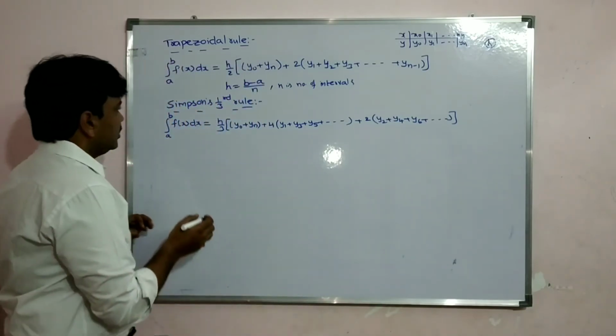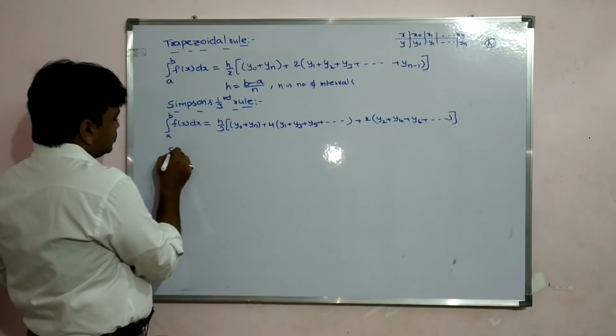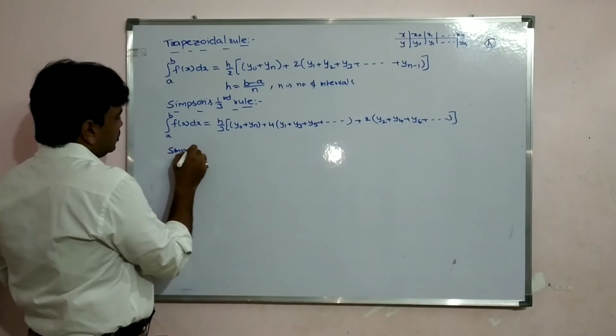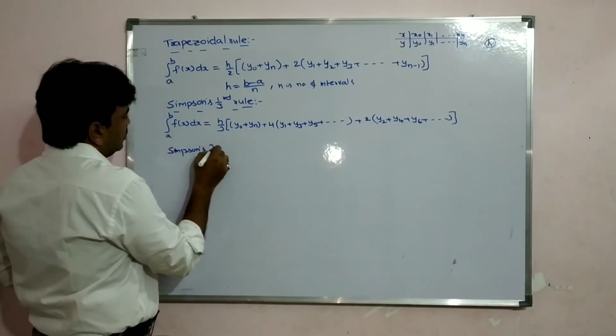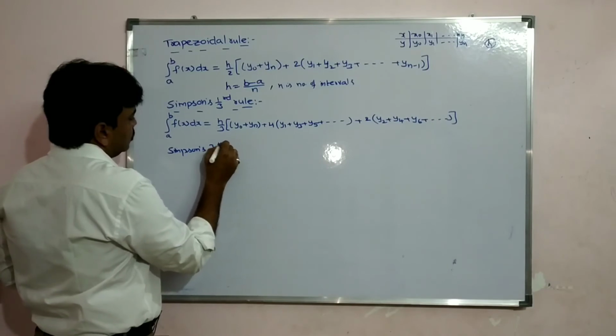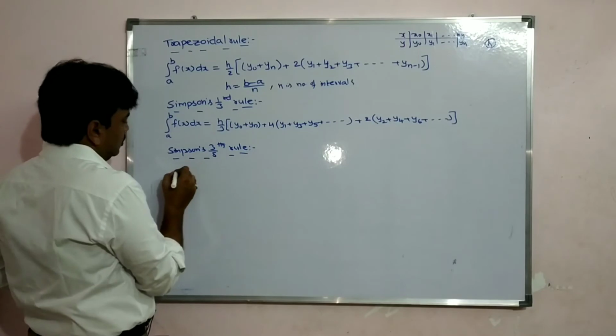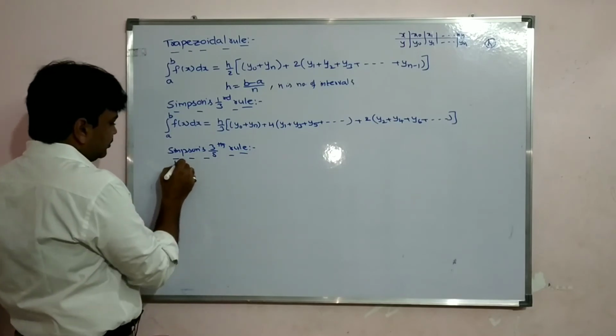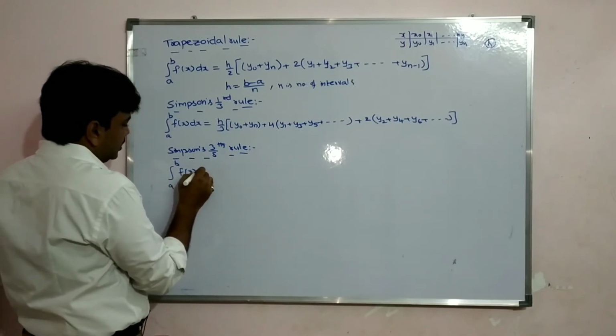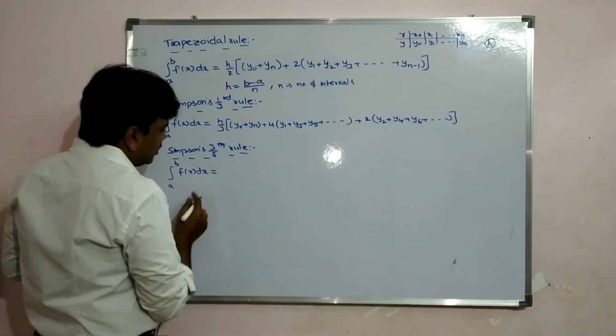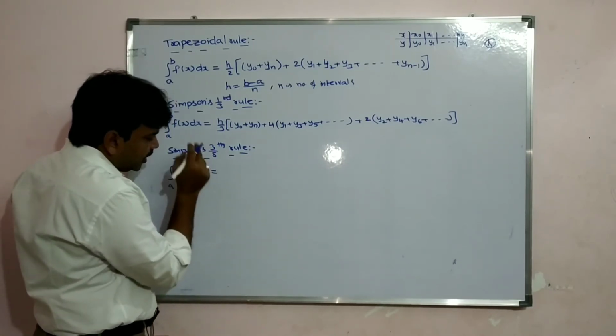Okay, and then the last one, Simpson's 3 by 8th rule. Again, integral a to b f of x dx, that is equal to, see students, it is Simpson 3 by 8th rule.